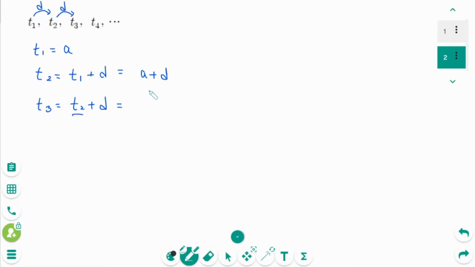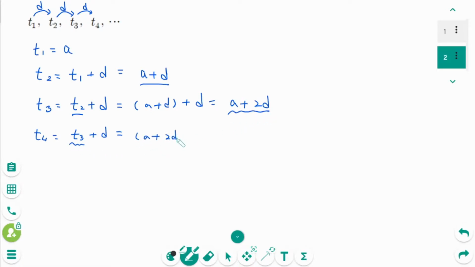Then t2 equals a plus d, plus d equals a plus 2d. The third term plus d equals the fourth term. Then t4 equals t3 plus d, where t3 equals a plus 2d, then plus d equals a plus 3d.